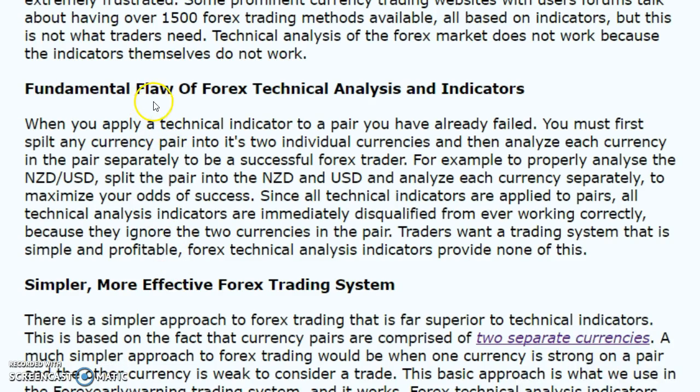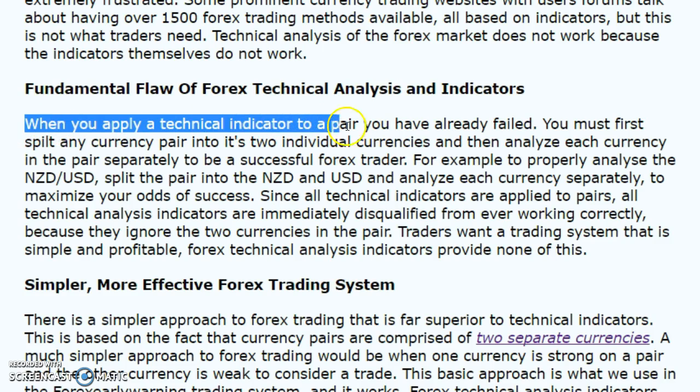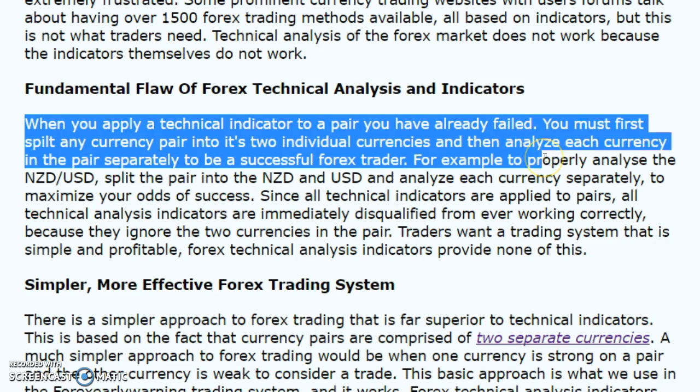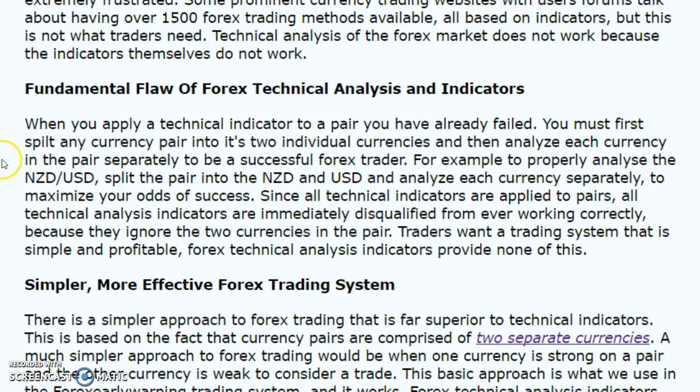So first of all, let's discuss why technical analysis and indicators don't work. When you have a technical indicator and you start to try to use it, you've already failed. The reason is that all currency pairs have two sides.